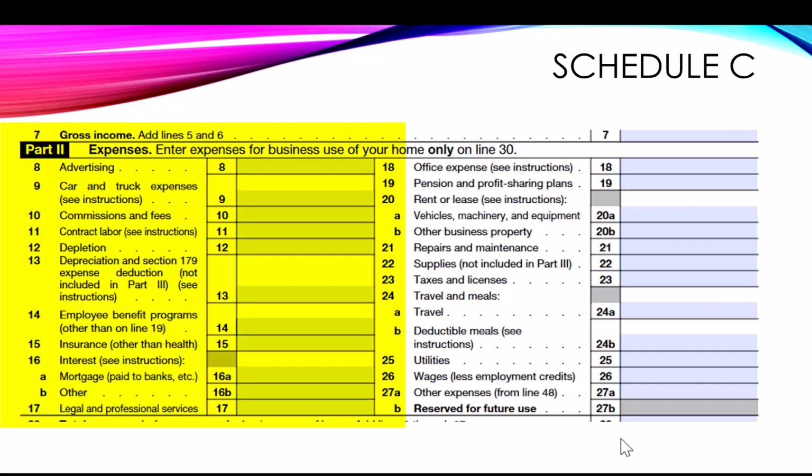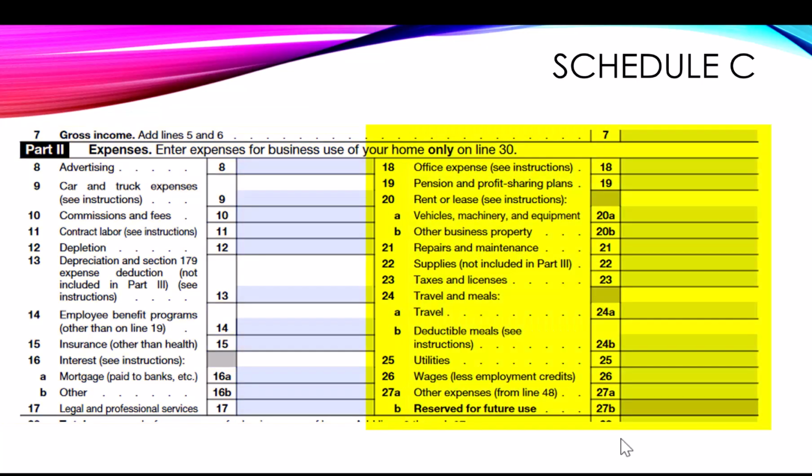And as you can see, it lists out a variety of common, ordinary, and necessary expenses for businesses, such as advertising, vehicle expenses, commissions and fees that you might pay, contract labor, depletion and depreciation, employee benefit programs, insurance, interest, mortgage, legal and professional services, office expenses, pension and profit sharing plans, rent or lease of either vehicles or other business property, repairs and maintenance, supplies, taxes, travel and meals that you incurred to send employees places, utilities, wages, and other expenses.